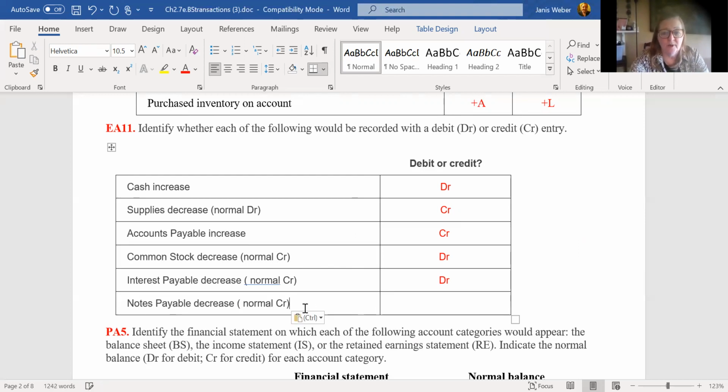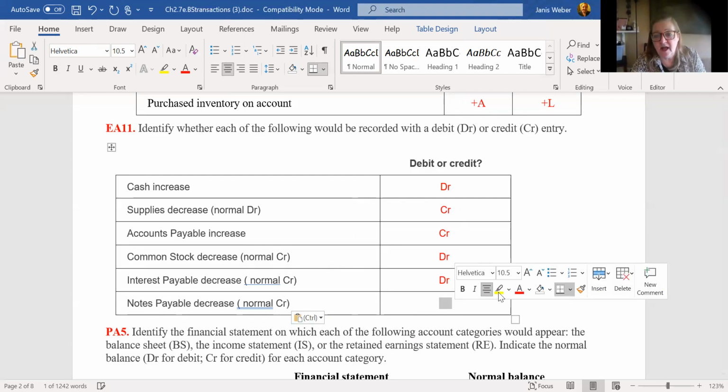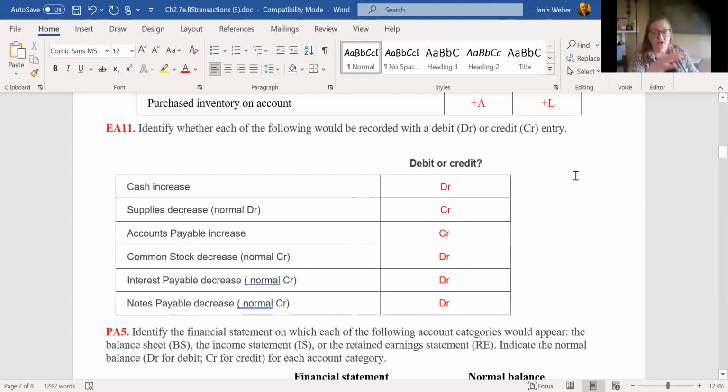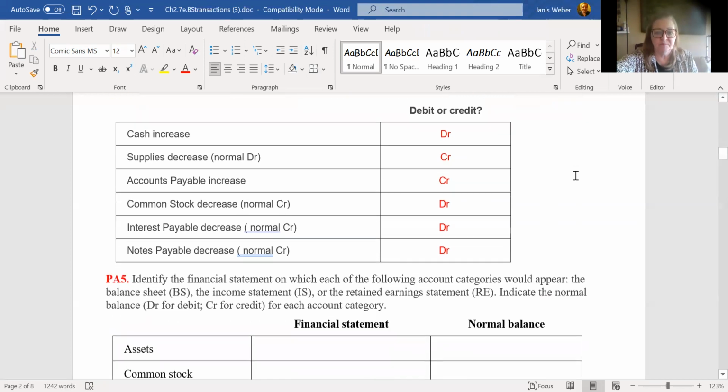Normal balance for notes payable is a credit. So if I'm decreasing it, I have to debit the account. So this stuff, again, just like I told you last time, you work with it and you just pace yourself and you say, okay, I'm trying to understand this. That doesn't make sense yet, but I'm going to do it. And it will start clicking.